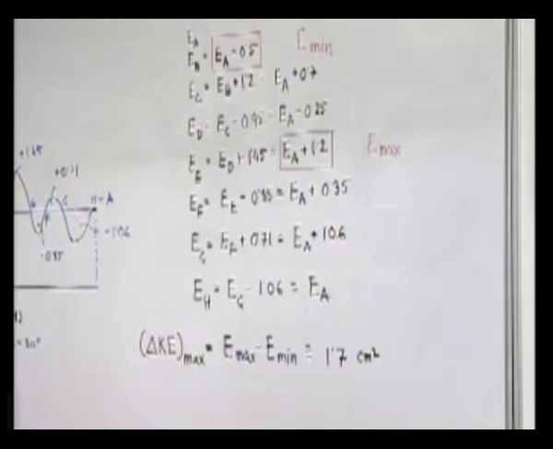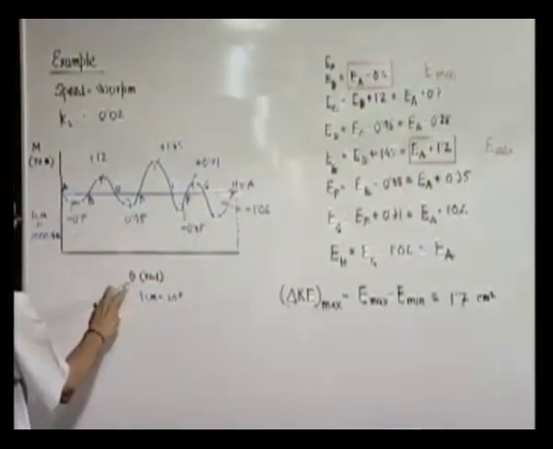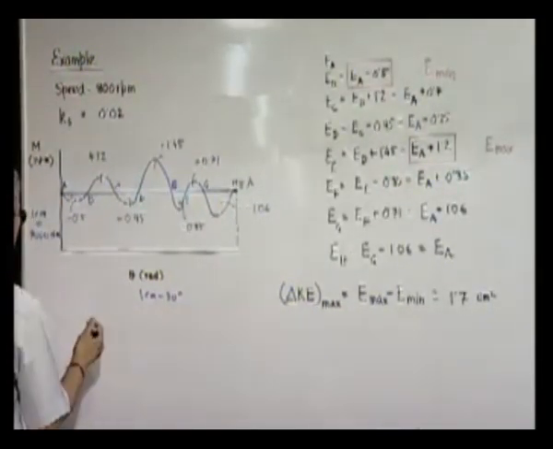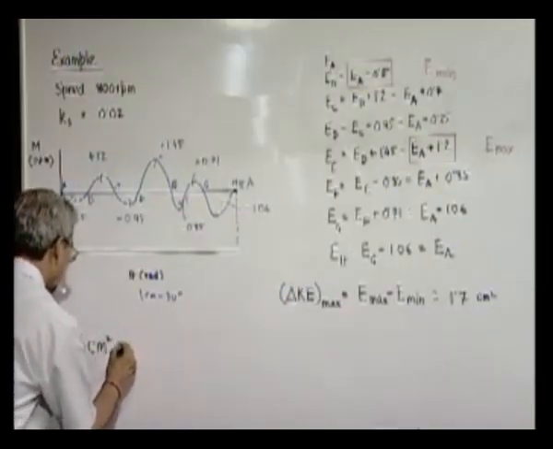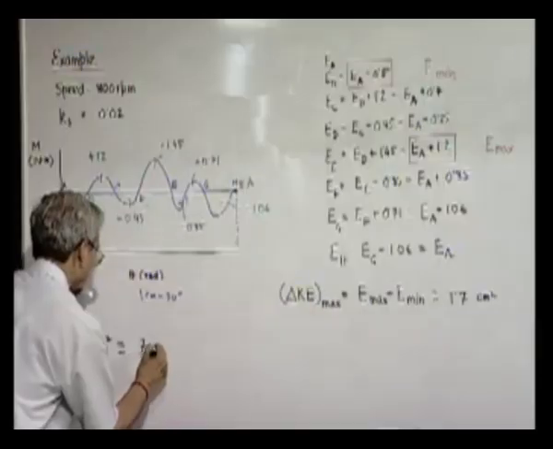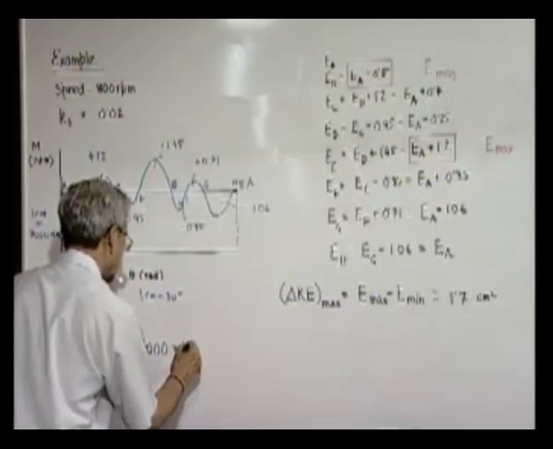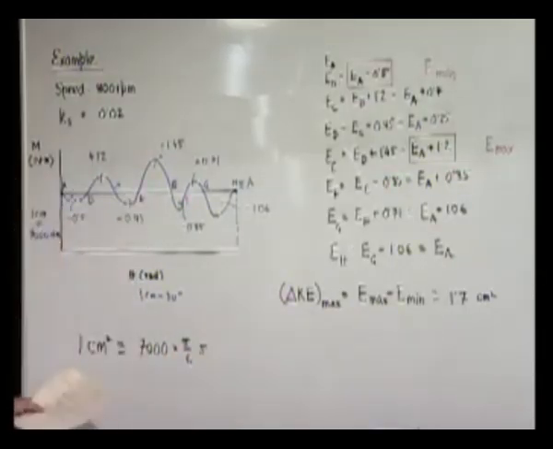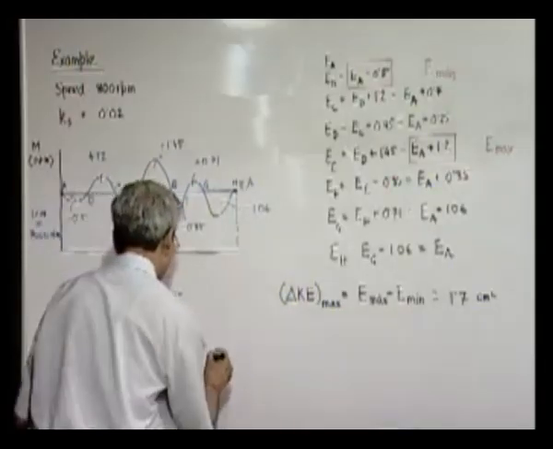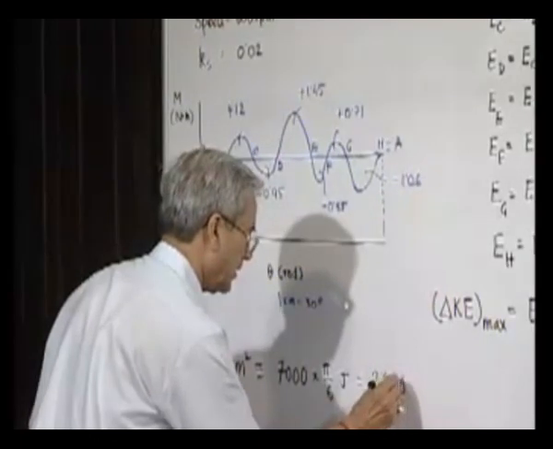Now, how much does 1 centimeter square represent? Torque in Newton meter into theta in radians is joule. So 1 centimeter square is equivalent to 7,000, and 1 centimeter is 30 degrees, in radians it is pi by 6, so many joule, which is 3670.